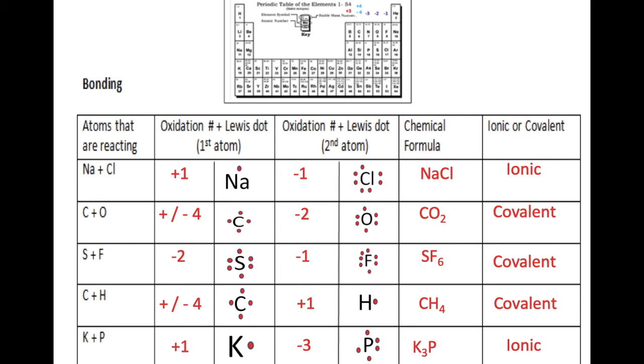We know this because potassium is all the way in group number 1 on the left side of the periodic table versus phosphorus, which is in group, let's see, 1, 2, 13, 14, 15. It's in group 15. They're very far away from each other. Phosphorus is going to have a higher ionization number. It's going to want to take those electrons away from potassium.